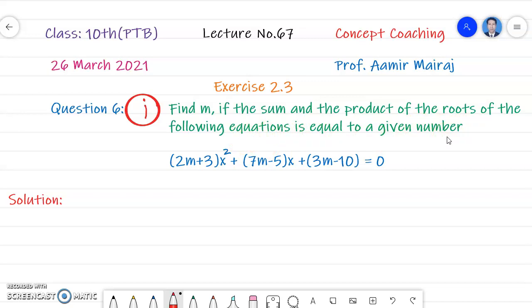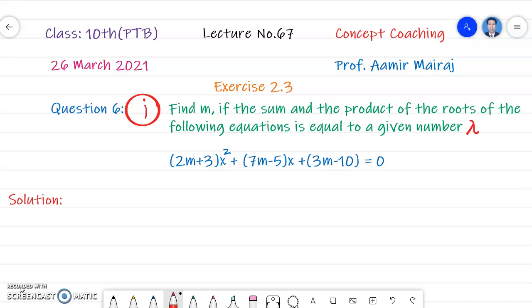That is lambda. The equation is (3m + 2m + 3)x² + (7m − 5)x + 3m − 10 = 0. So we have to find the value of m, and for this we have to solve this equation.